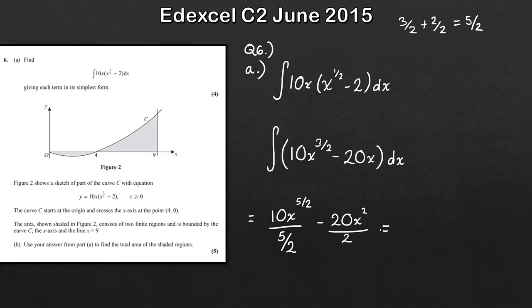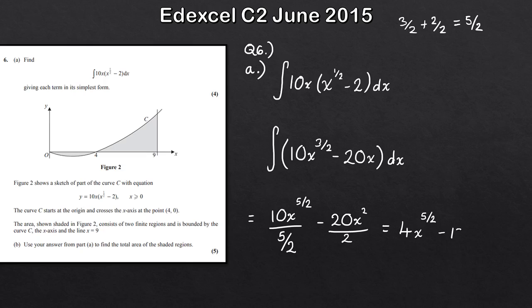And if we simplify here, well, this left-hand part, 10x to the 5 over 2 divided by 5 over 2, to simplify this by hand, we take the 2 and we times it by the 10x. So that would give me 20x, but then we divide by 5. So 20 divided by 5 gives me 4. So I get 4x to the 5 over 2 minus, so this is 20 over 2, giving me 10.